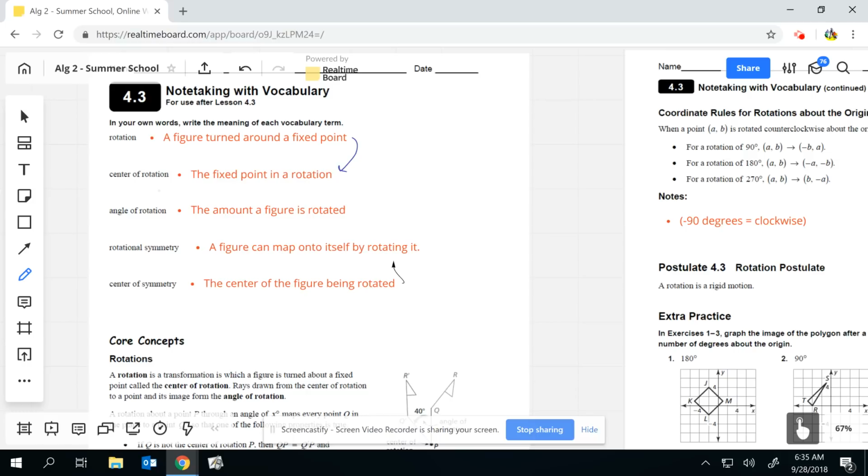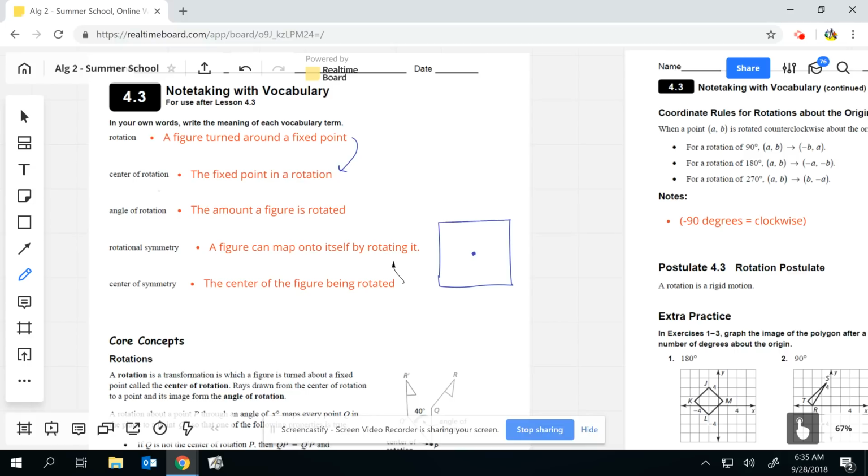Rotational symmetry is when a figure can map onto itself by just turning it around its center point. So if I had a square, one of the probably easiest ones to illustrate it, if you had a center point in the middle of a square and you rotated that square 90 degrees, it would be in exactly the same place it started.